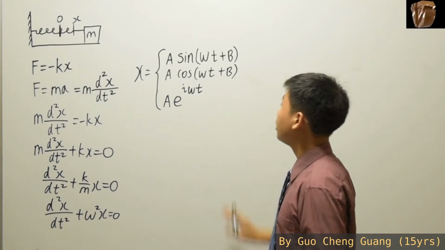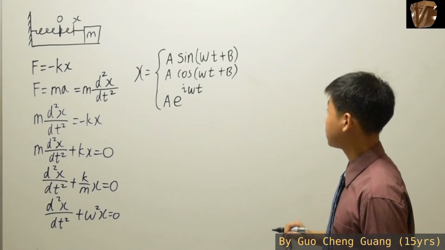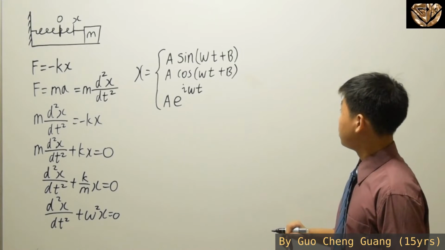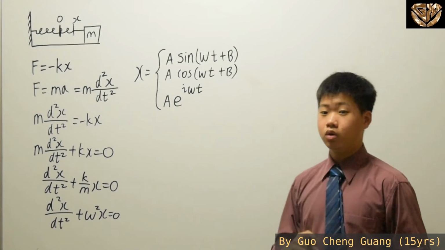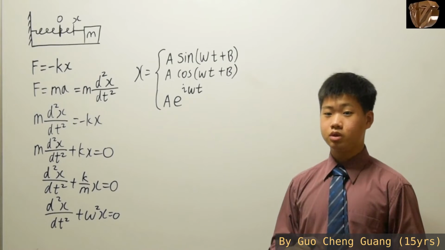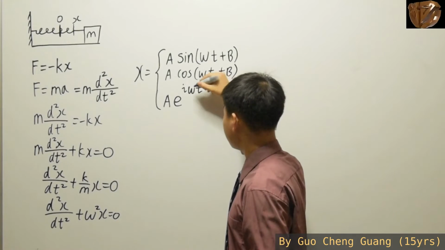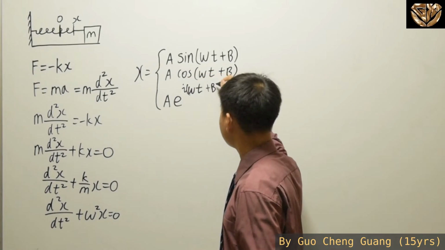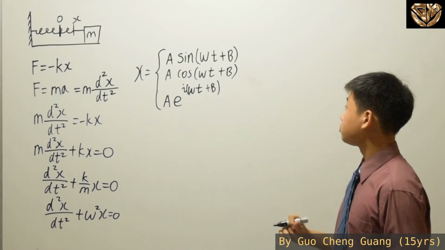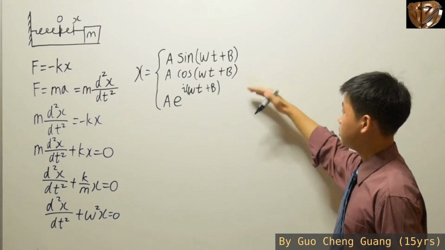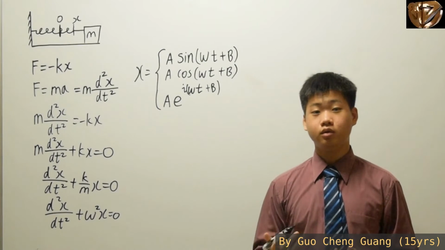So these are 3 of your possible forms for x, alright? So now, what is so special about all 3 of these forms? These 3 forms, of course the last one seems more complicated.